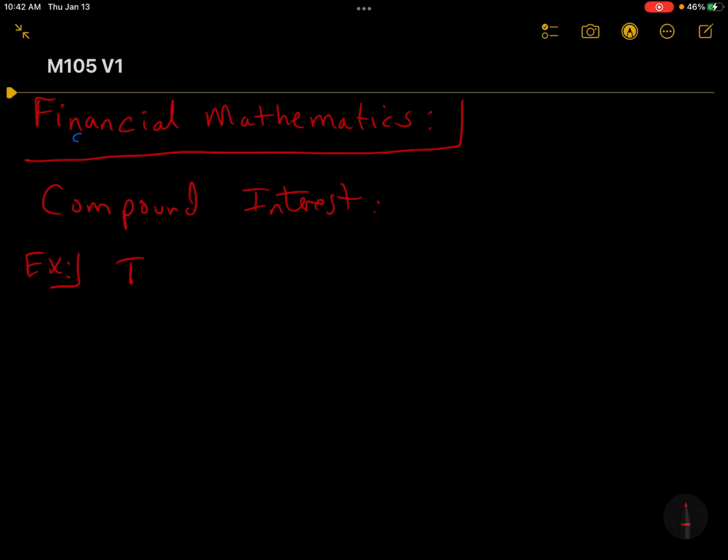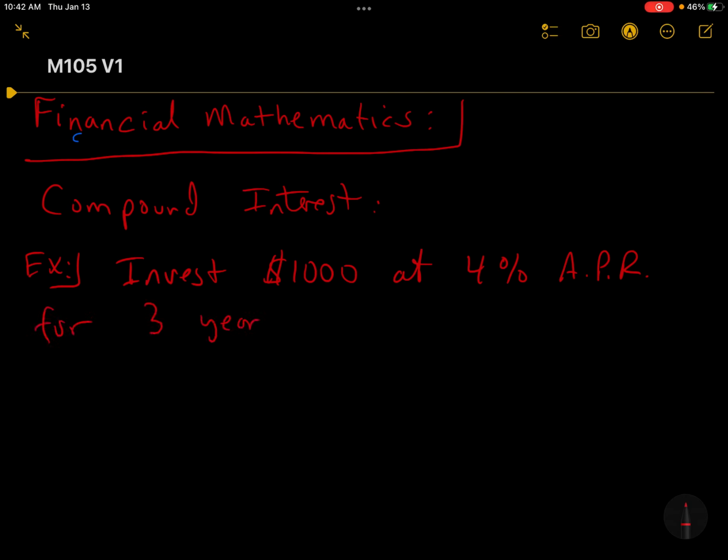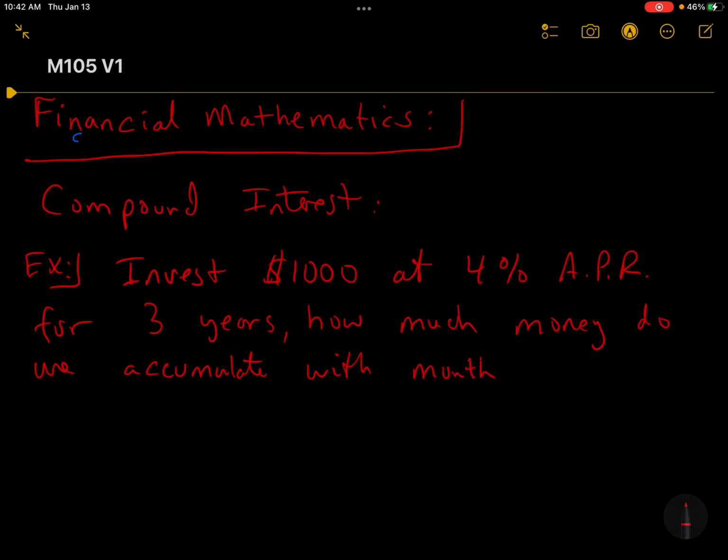If we invest $1,000 at 4% annual percentage rate for 3 years, how much money do we accumulate with monthly compounding periods?